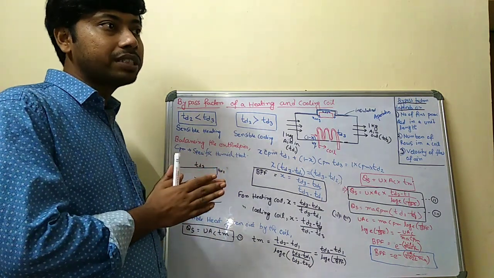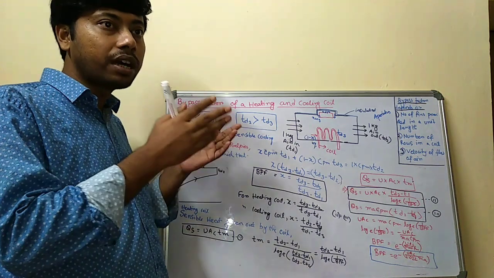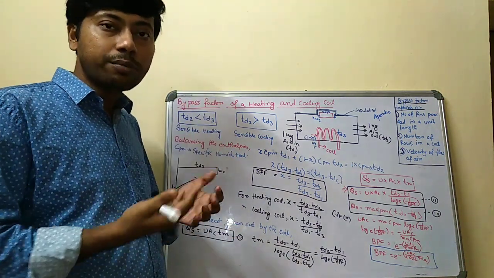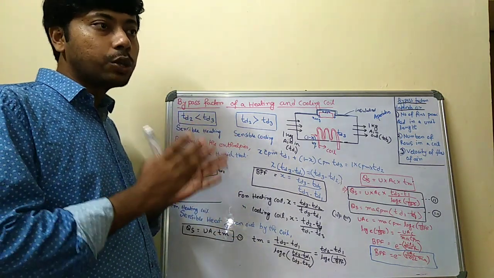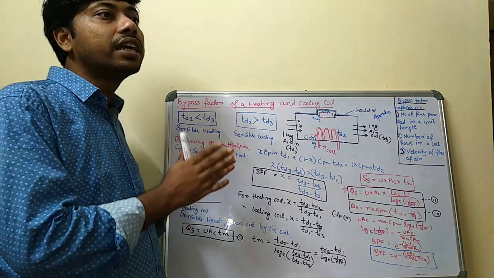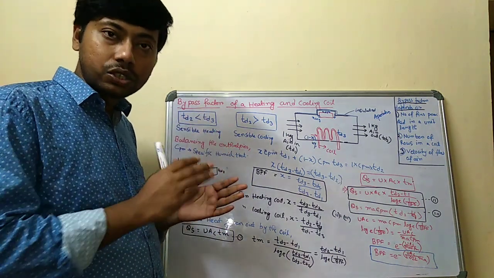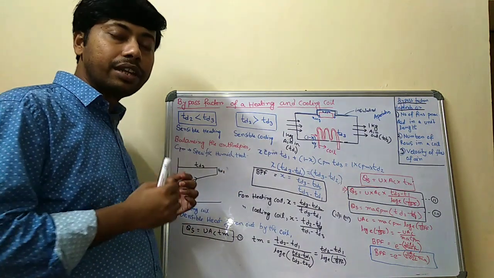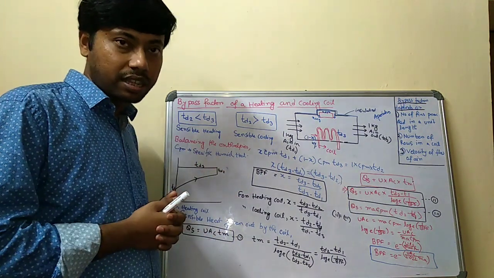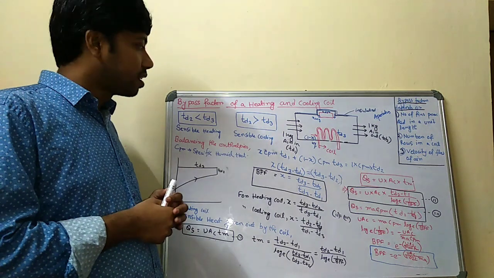Means the dry bulb temperature at the exit section of the sensible heating or cooling arrangement will be equal to the temperature of the coil. But that is not happening in the sensible heating and sensible cooling process, as we discussed in the previous topic.